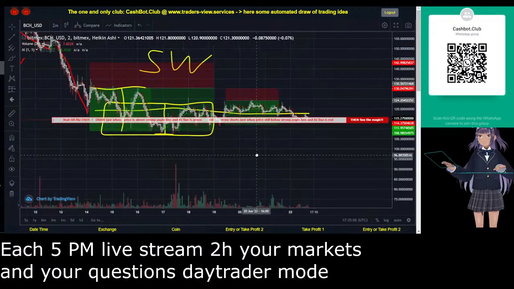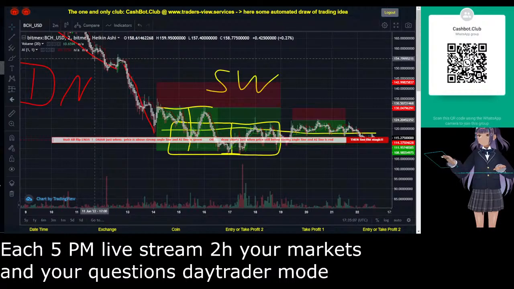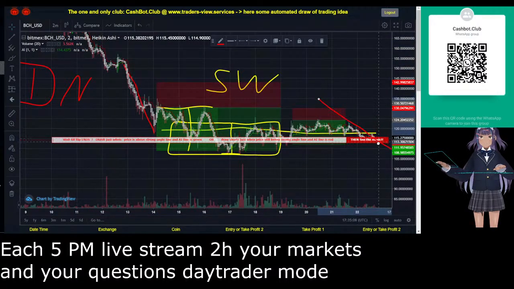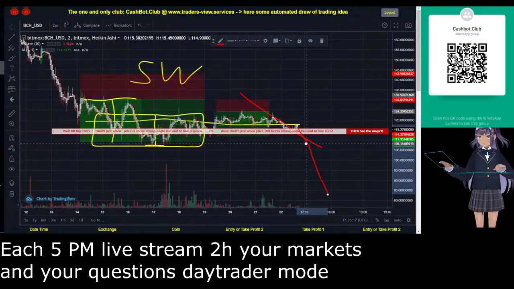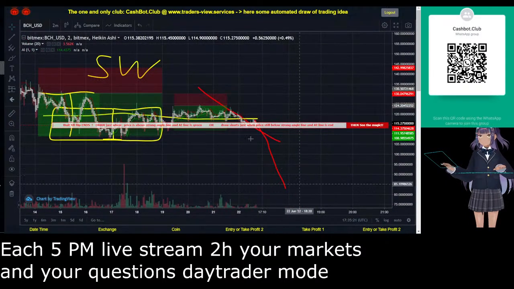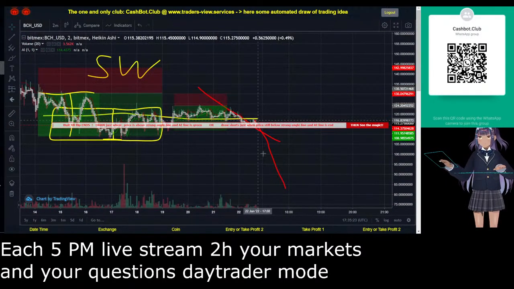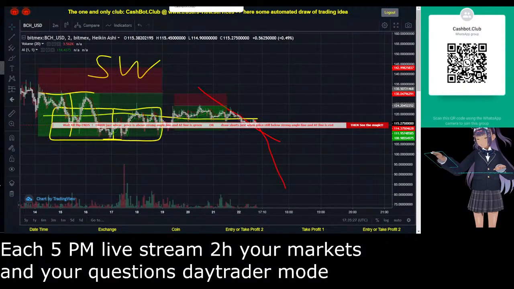So, and now we see what's going on. Bitcoin Cash is going into a down position. What happens at the last down position? It starts to break down. So that is the original length. So in other words, we switch now to Bitcoin Cash.